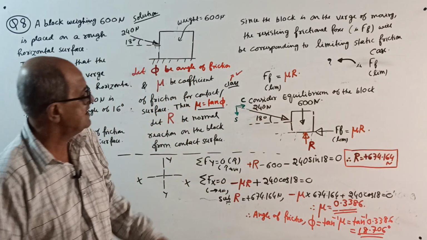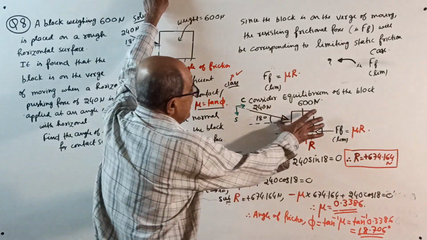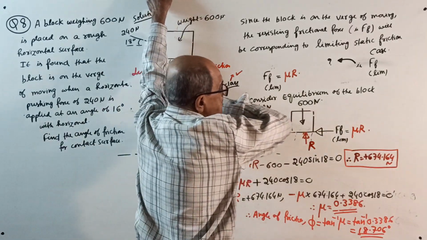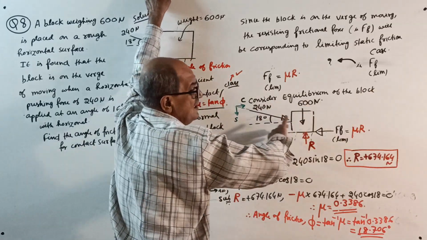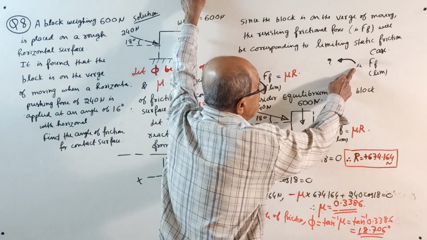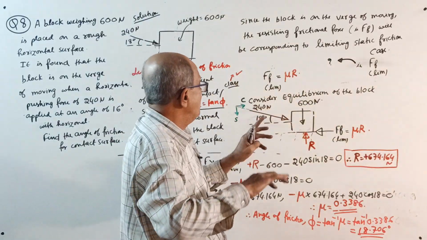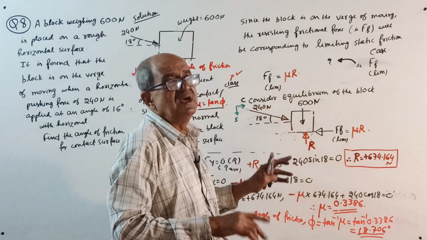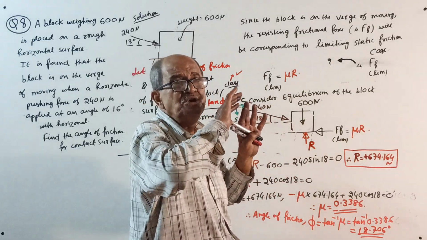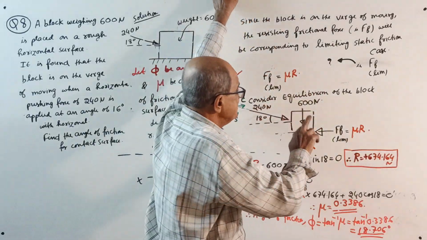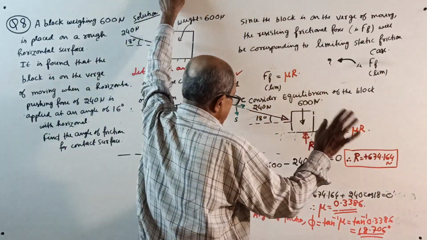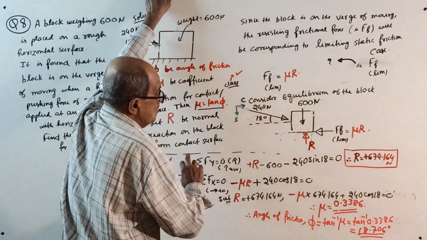Okay, now start. Free body, already told you: since the block is moving, you are pushing this way, it will move to the right side. Same statement you write here: 240 Newton will create motion to the right side, frictional force will be to the left side. Start, sigma Fy equals 0.